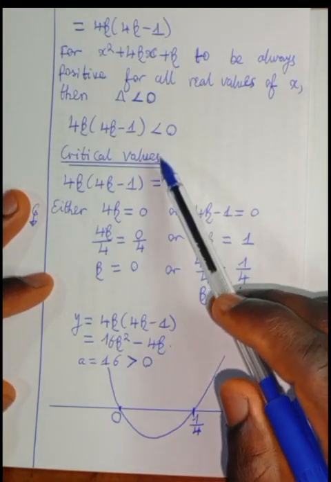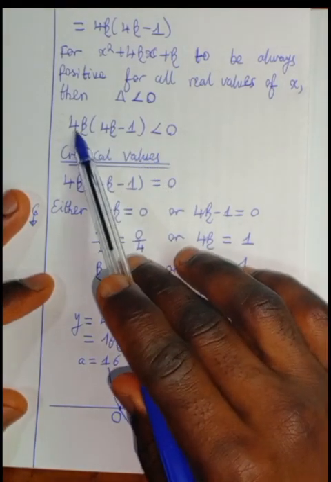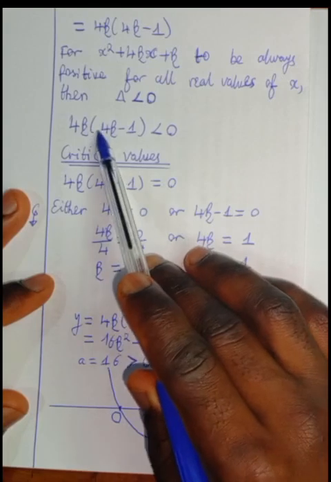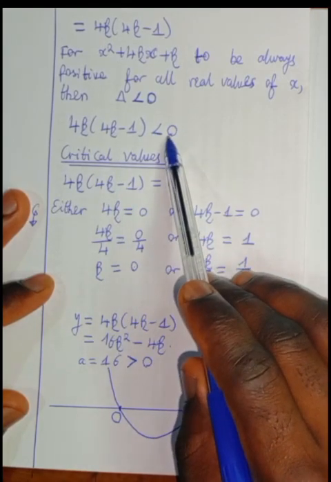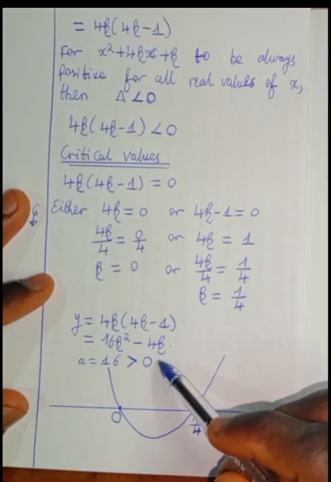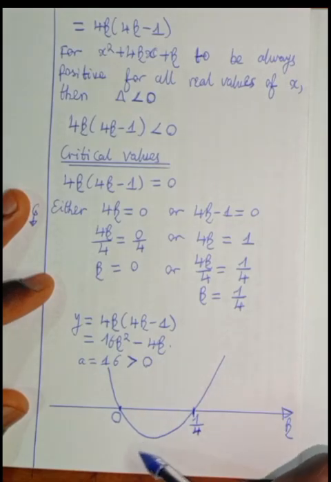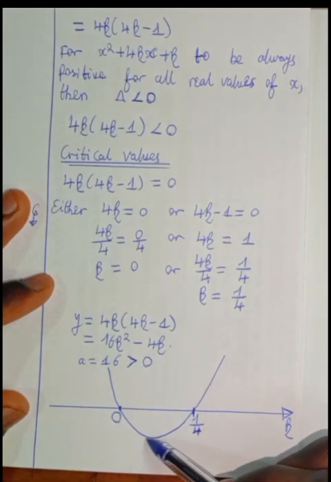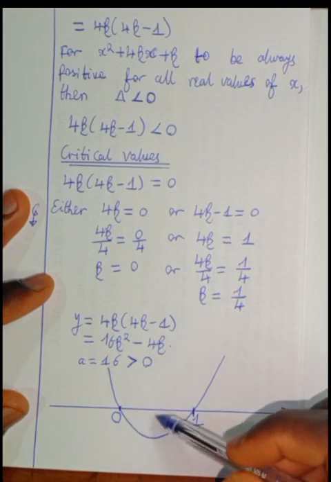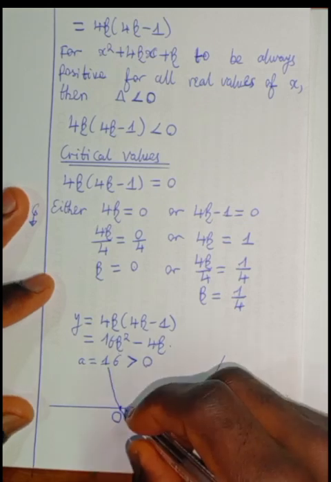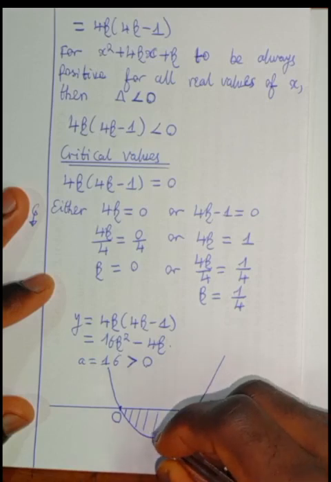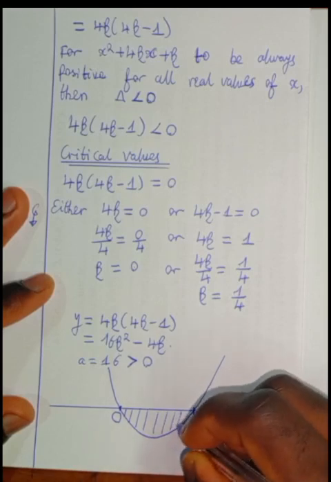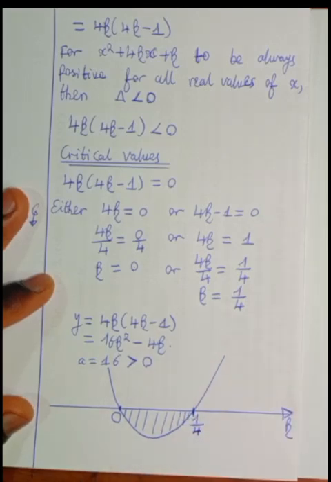We are looking for the required range of values for which 4 beta times 4 beta minus 1 is less than 0. Less than 0, we know if we are to draw our y-axis, less than 0 simply means below the x-axis. We are going to shade the portion of the graph which is below the x-axis. This portion here.